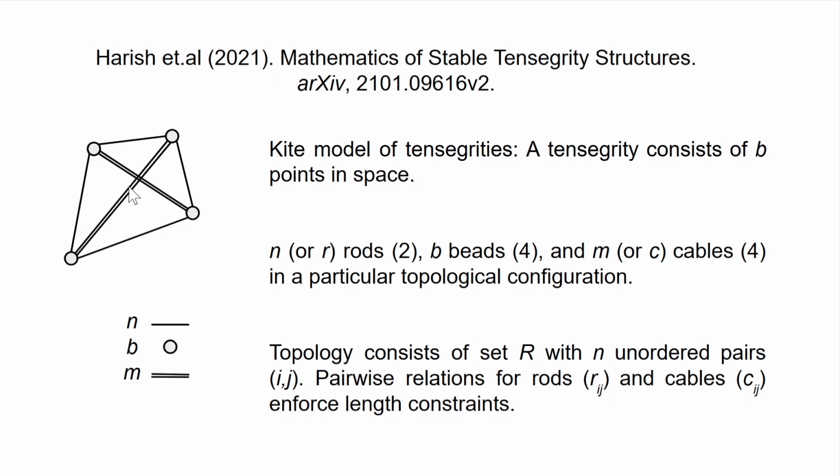We can turn it into a set of simplices. We can have a standard graph. We can do a lot of things there. But the basic idea is we want a topology that's specific in space with spatial relations. So the way they define it here further is that the topology consists of the set R with unordered pairs, and this is where we're going to build a matrix of interactions between the beads, which would be ij. So we'd have unordered pairs ij.